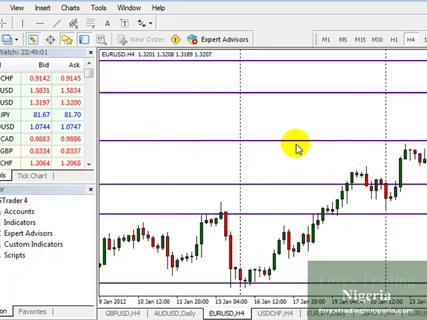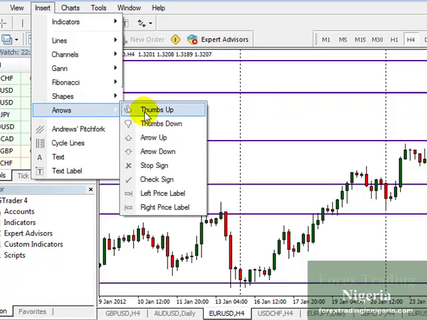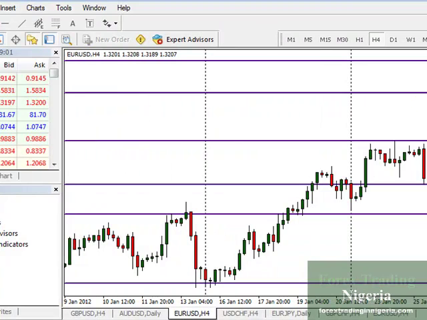So let's take this another example here. Look at this pin bar. This pin bar here, can you see the pin bar here?